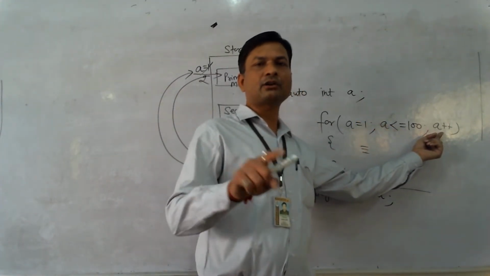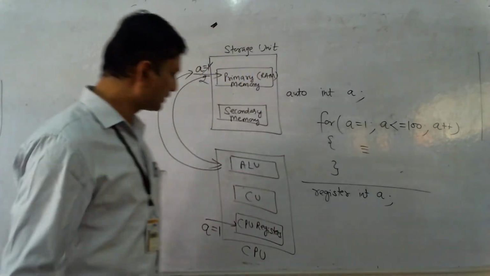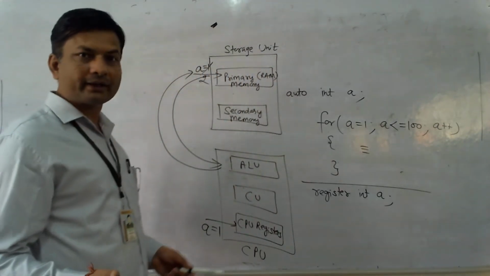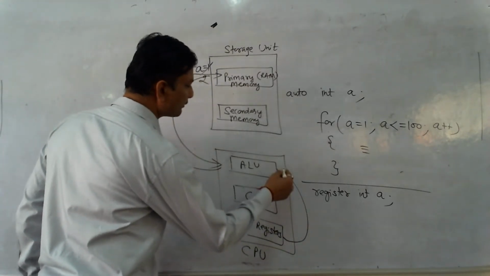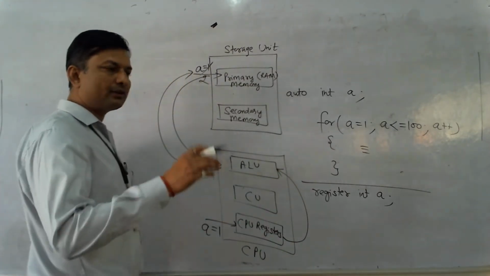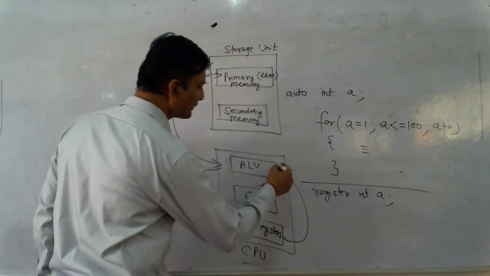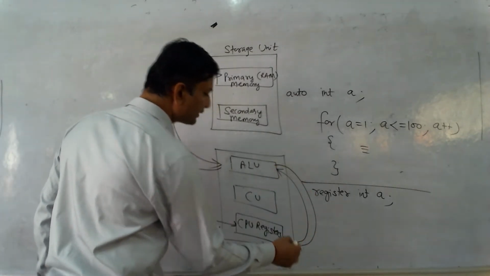Each time the value of A will be increased by 1. So who will increase the value of A? Obviously ALU. So from here the value of A will go to ALU. ALU will increase the value of A by 1 and return the increased value.